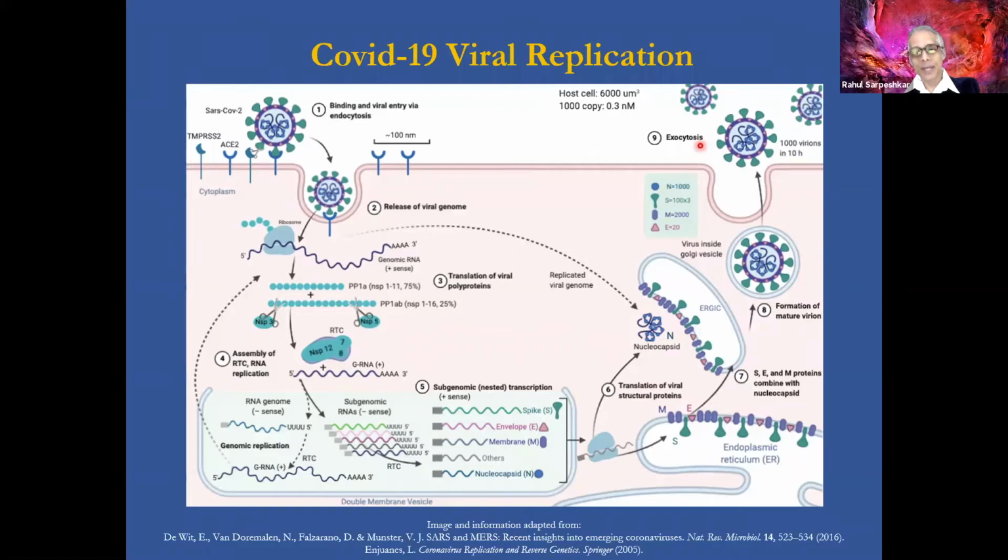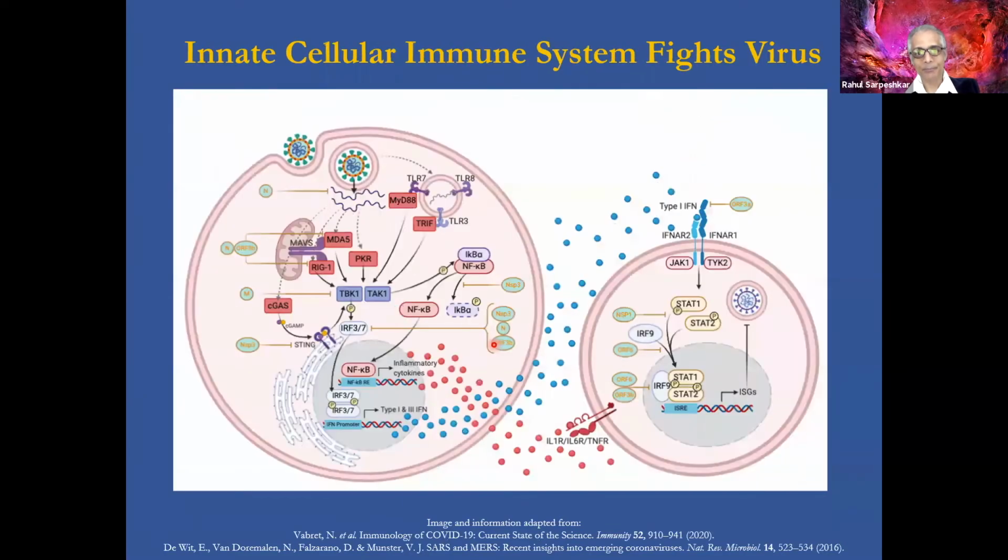And if it makes many copies of itself and the immune system does not detect it in time, then many more of these copies will go and infect another cell, enter another cell through the ACE2 receptor, and slowly start infecting many, many cells, primarily in the lung epithelium.